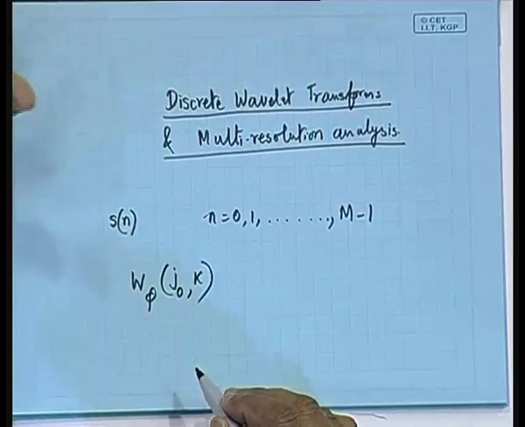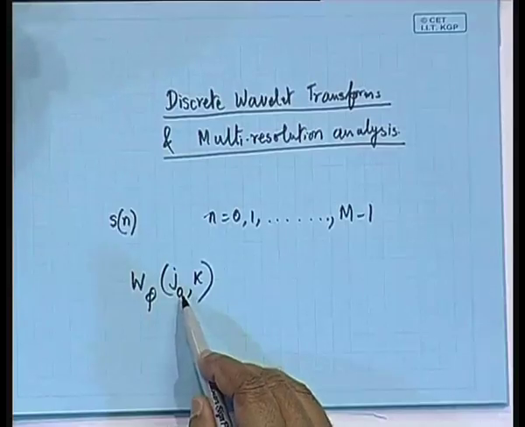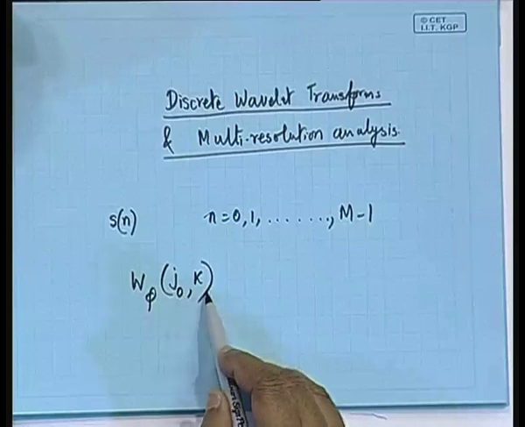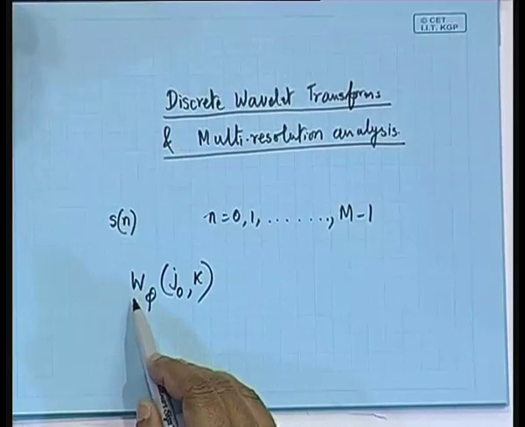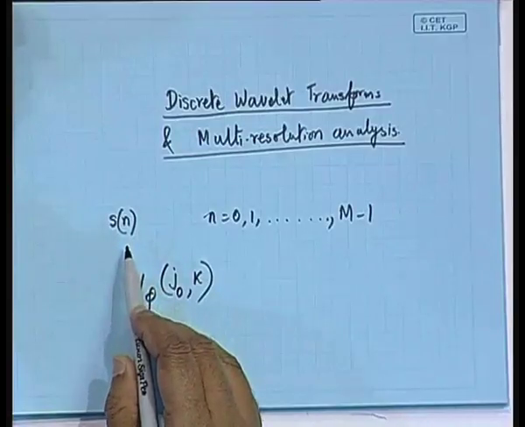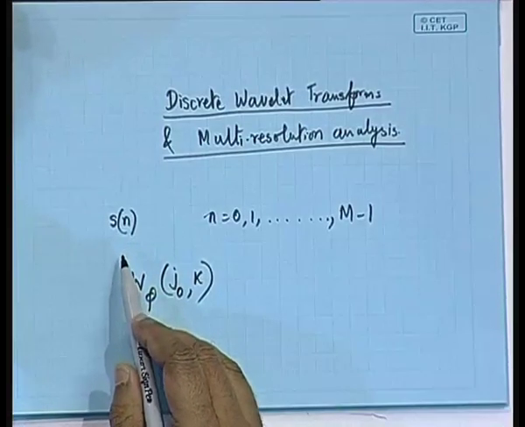So, be comfortable with the change of notation that I am applying in this lecture. j 0 is what our r 0 was and k is what our s was, and w is what our A was. So, everything was in the continuous domain and S of n is what our f of x was.